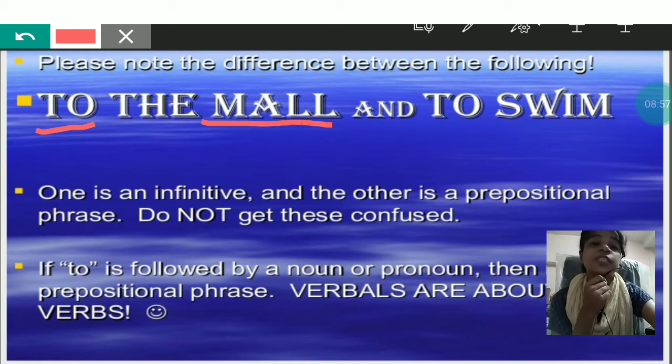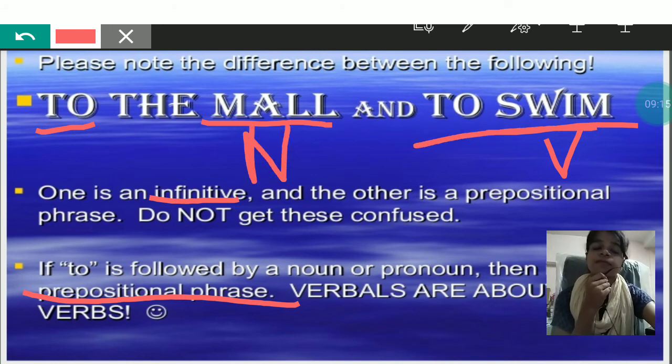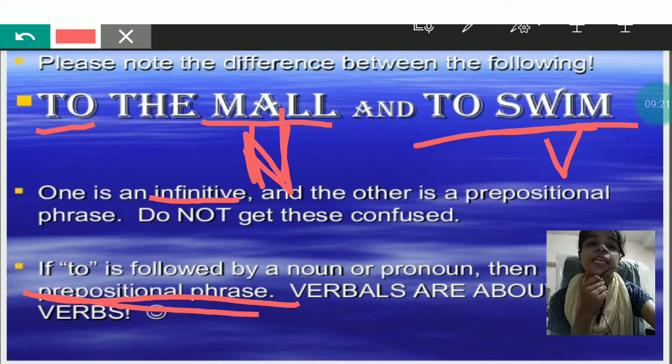And when we are using a noun, it is not an infinitive, it is a prepositional phrase. But here, to swim, swim is a verb, so it is an infinitive. So whenever there is any noun used with to, it will be called a prepositional phrase, and if there is no noun, it will be a verb, an adverb, anything, then it will be called an infinitive. Okay.